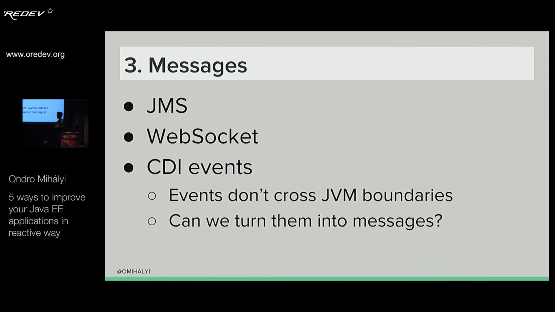So it's fine to build an application with CDI events if you don't want to scale it. But if you want to scale the application and send messages across different nodes, different instances of your application, or you want to send the events to different applications, in case you have a microservices architecture where every service does something in a different way or provides a different logic, then CDI events wouldn't work out of the box.